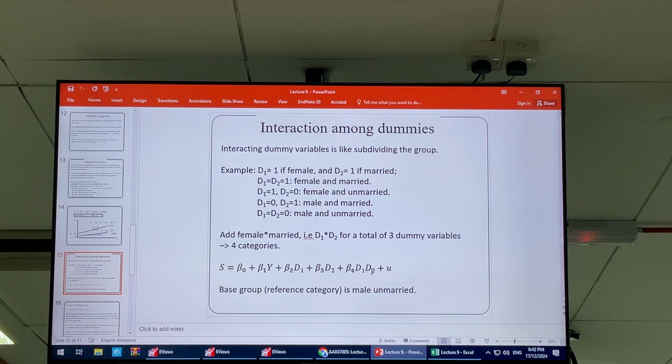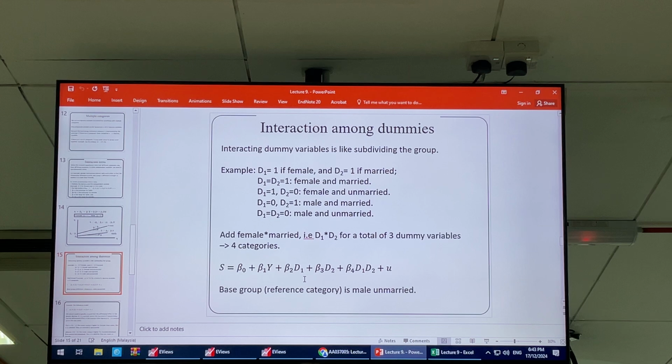Not necessarily just that. If we include more than one variable, we can subdivide. But if we include an interaction term, then we can allow the different candidates to have different intercepts.